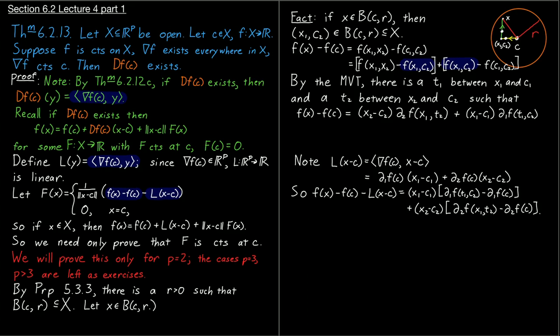Or you can put it another way, capital F of x is what we just wrote down divided by the norm of x minus c.